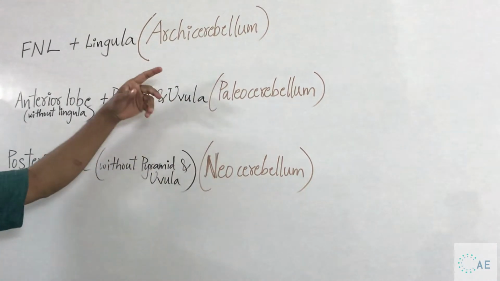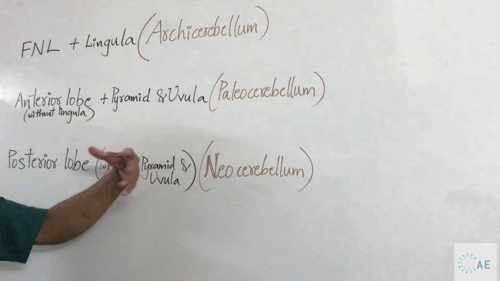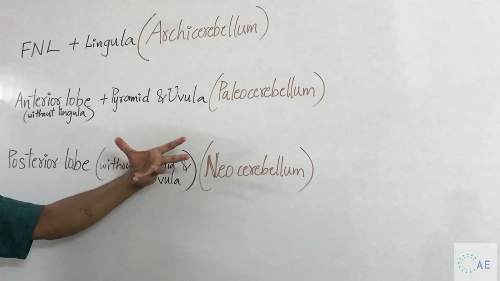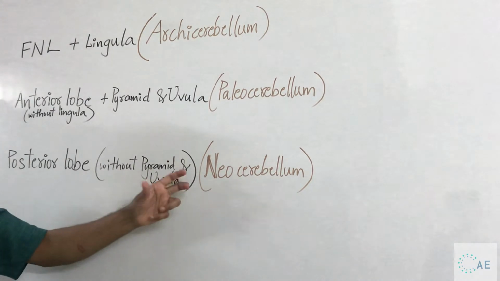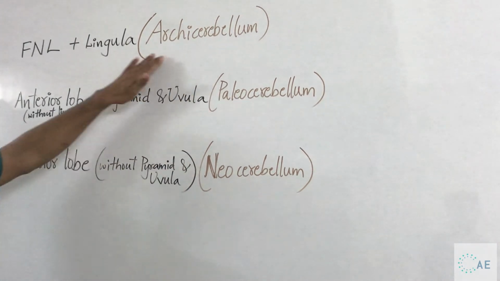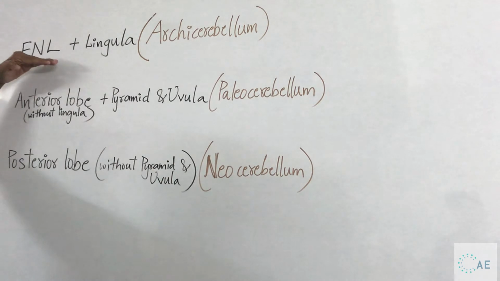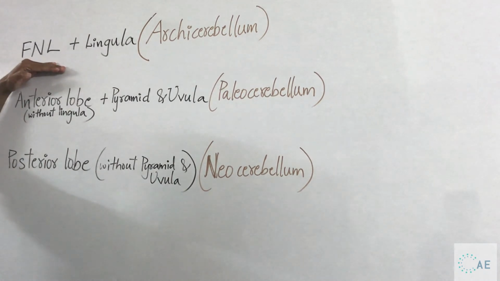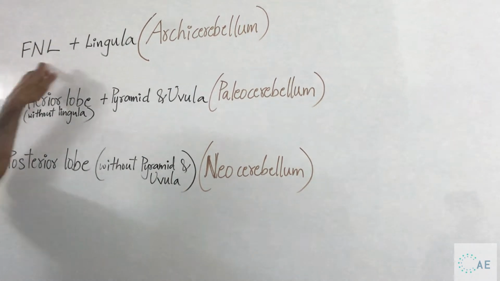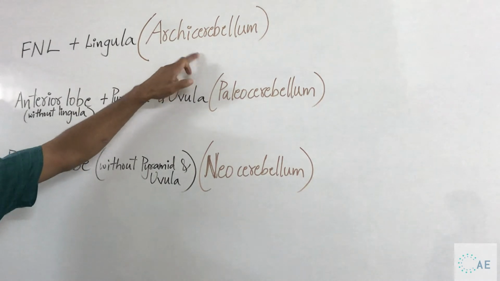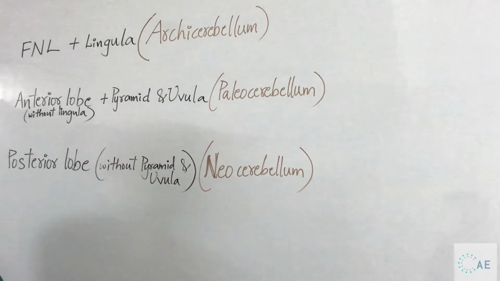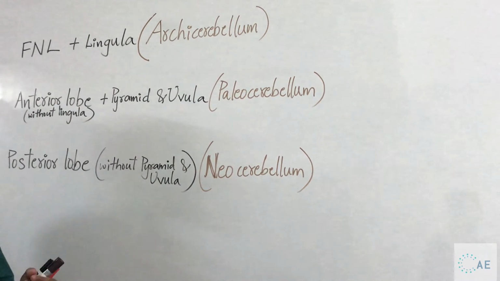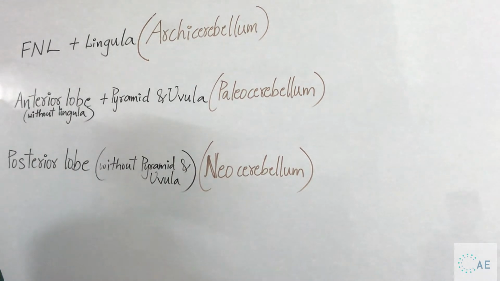Now let us talk about the functional subdivision of the cerebellum. Functional in the sense based on their neuronal connections as well as the function. So when I think about the archicerebellum, which involves the flocculonodular lobe most importantly, this part of the cerebellum is called the vestibulocerebellum because it has got afferent as well as efferent connection with the vestibular system.